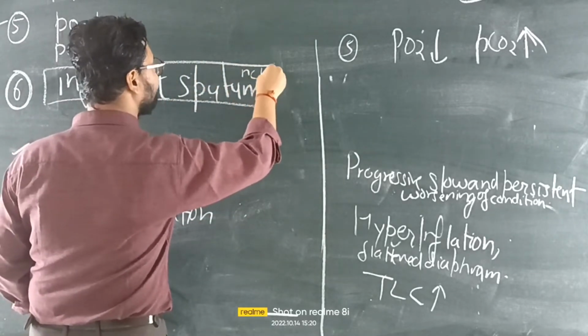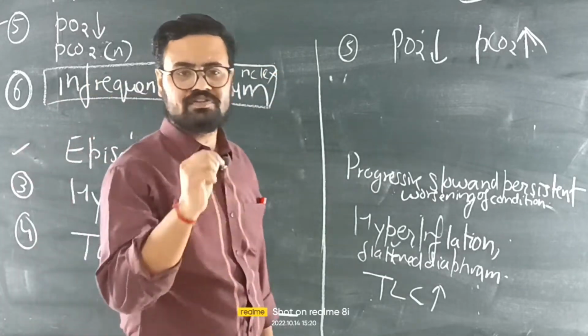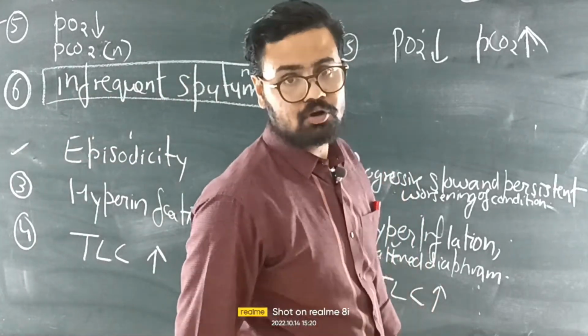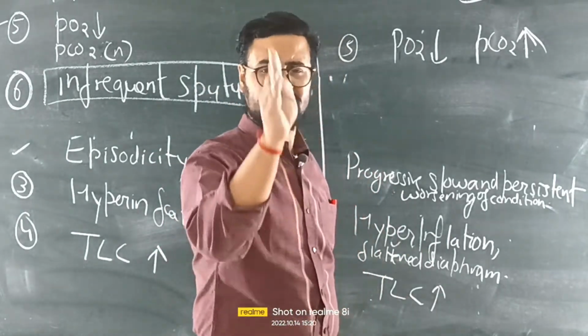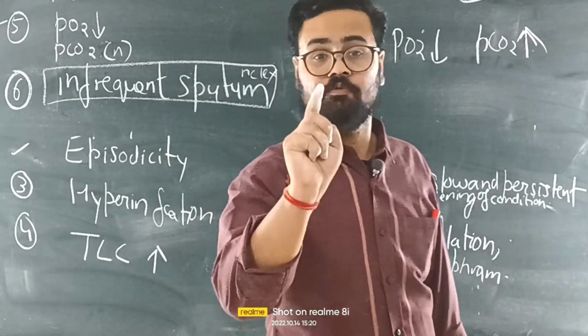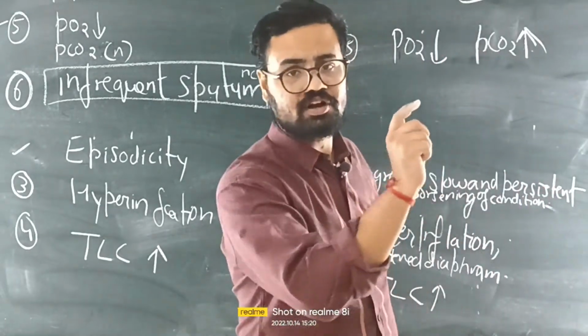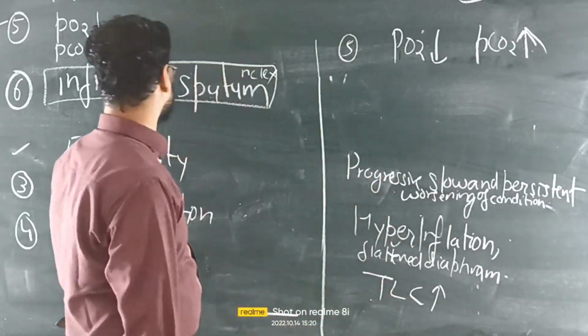How will you differentiate between an asthma and a COPD patient? Because there are similarities between the signs and symptoms, but how will you differentially diagnose the patient?